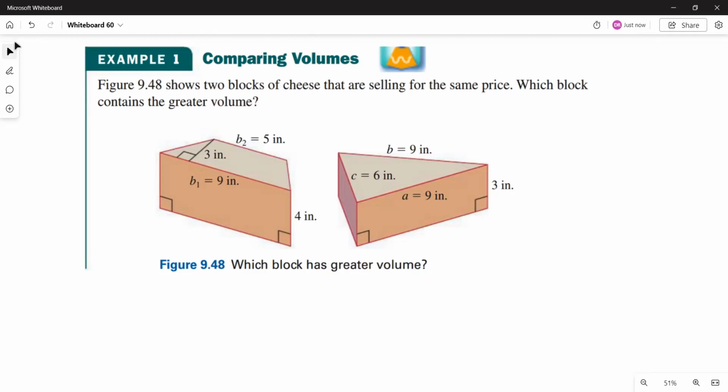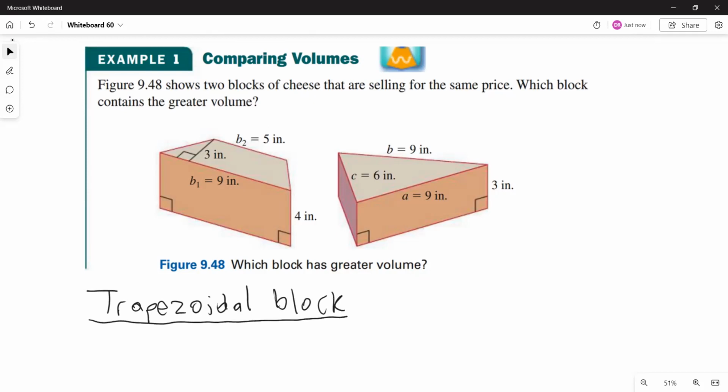So let's start with the first block, the trapezoidal block. The area of the base, that's a trapezoid, and we saw that the area of a trapezoid is 1/2 times the sum of the bases times the height.